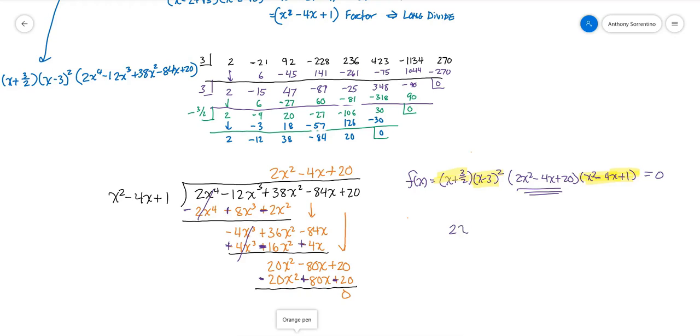So 2x squared minus 4x plus 20 is set equal to 0. Everything's divisible by 2, so it makes my life a little easier if I just divide everything by 2. I'm not even going to try doing anything but the quadratic formula. Factoring is not going to work because I already established that this is probably where my non-real zeros are from.